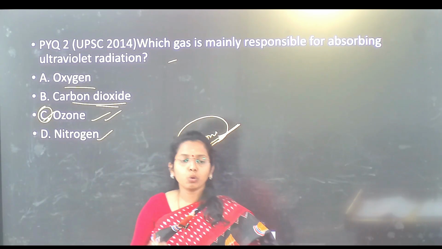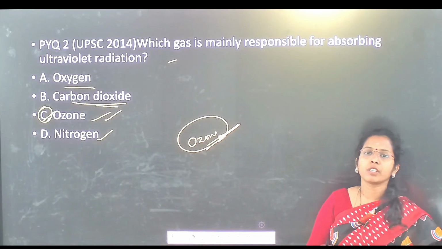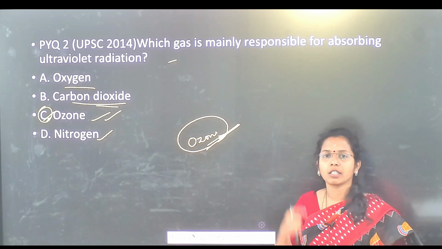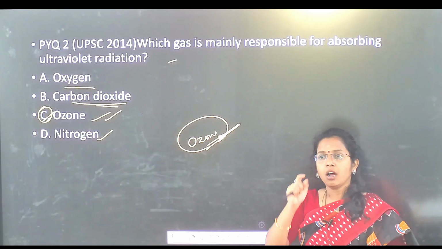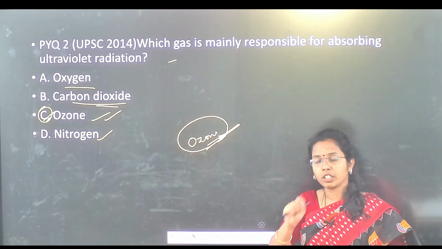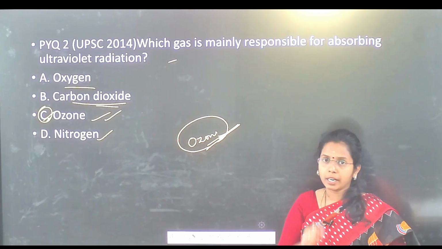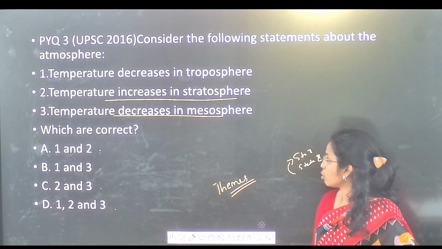If you analyze each and every option from your PYQs, most of the syllabus is covered from your PYQ analysis only. You have to analyze each and every option, not just the question. Question is important, and the theme, see, questions may not repeat but themes repeat. So you have to observe even the options.